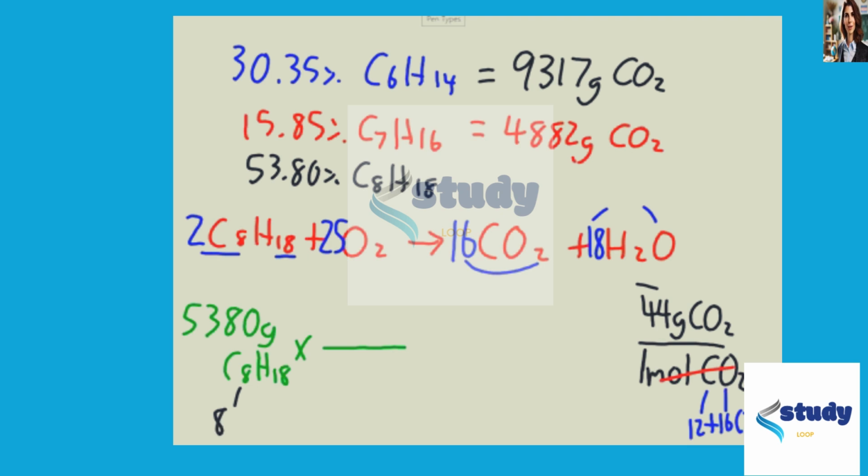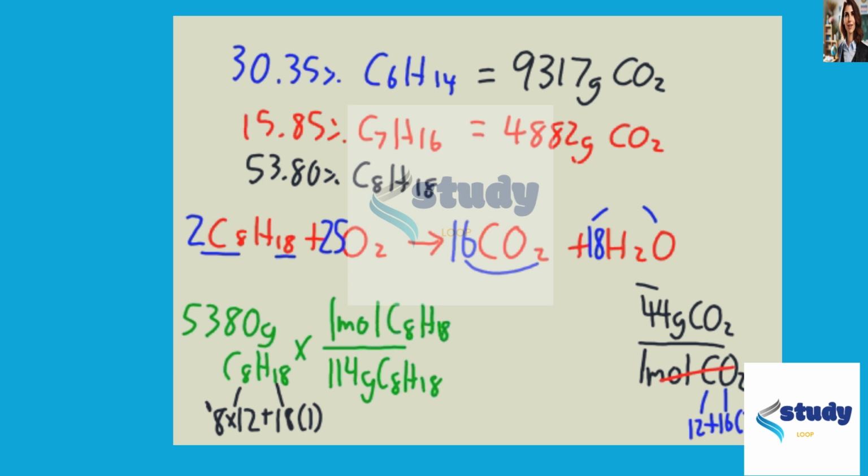So we've got 8 times 12, so there's 8 carbon, and there's 12 grams per mole, plus 18 times 1. That will equal a molar mass of octane of 114 grams in every mole of it.